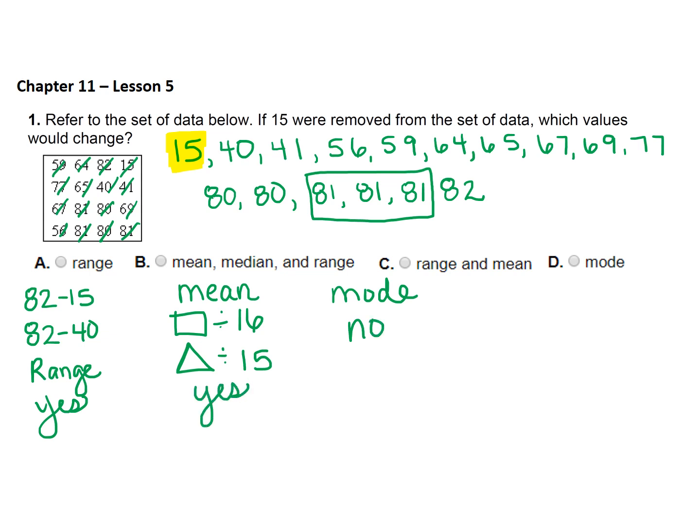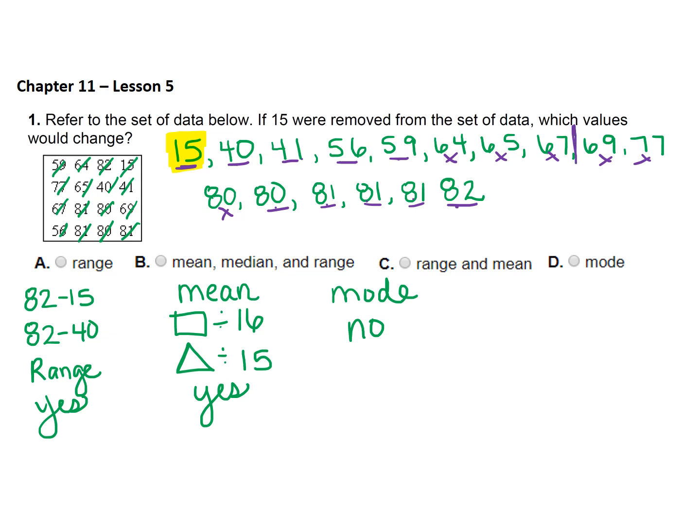Now the middle number. Let me erase this. So the middle numbers: left, left, left, left, left, right, right, right, right, right, and so on.